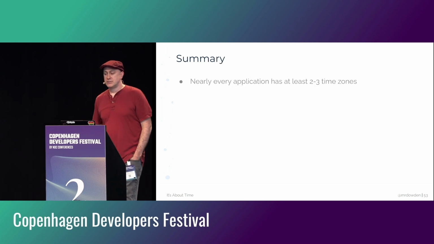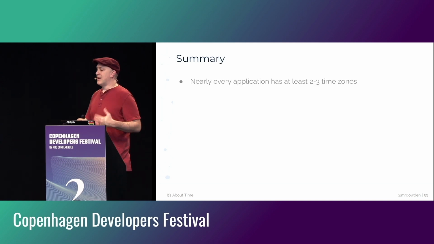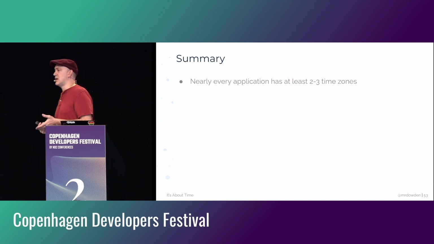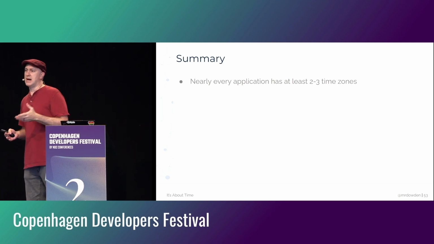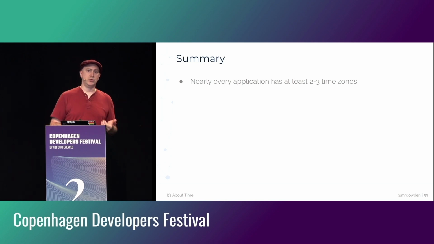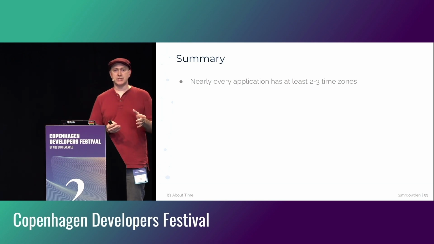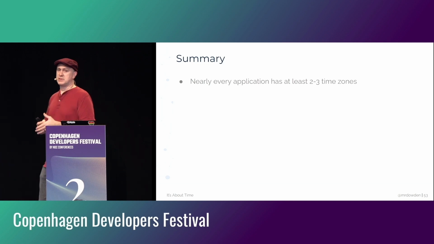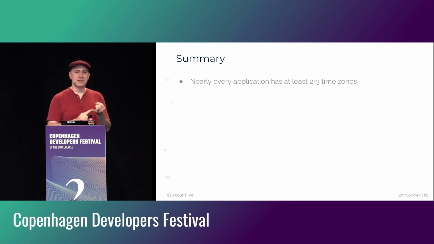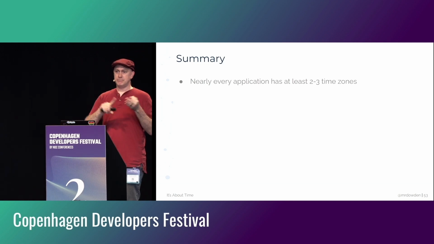So in conclusion, remember every application has at least 2 to 3 time zones. Even if you find that you personally as a developer are not having to do time zone math in your application, your application is affected by at least 2 to 3 time zones. Why? The developers, the users, the servers, period.